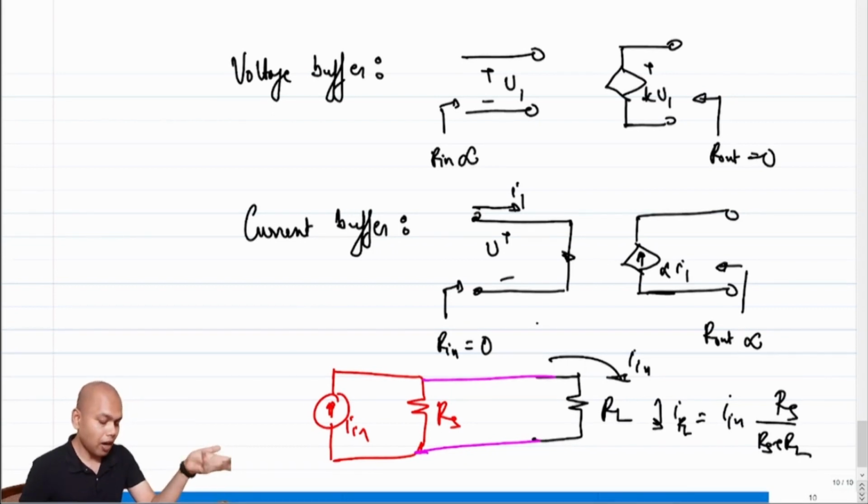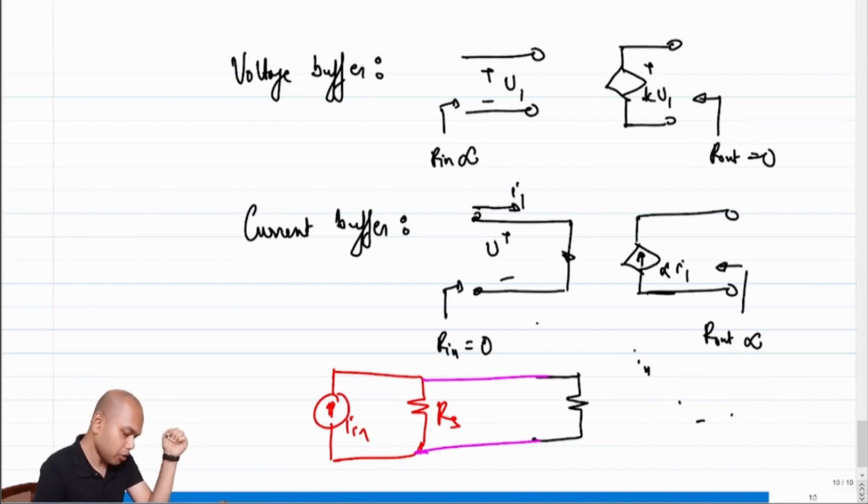Correct? So now if RL is comparable to Rs, then clearly you see a significant portion of the I in will be lost. And if RL is more than Rs, then almost nothing of I in will go into RL. Correct? So then we have to put some buffer.